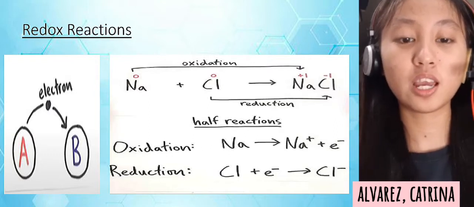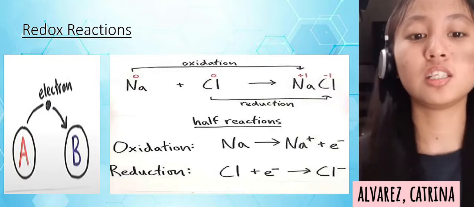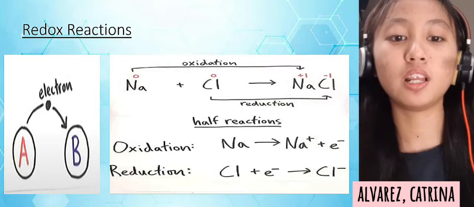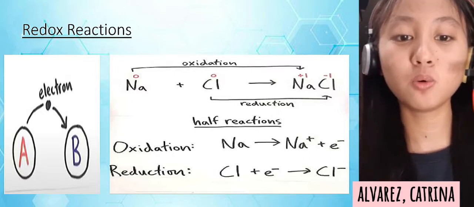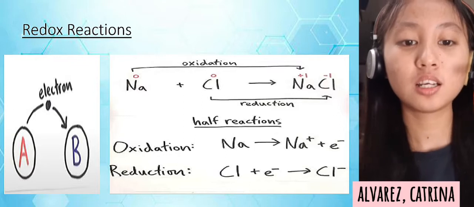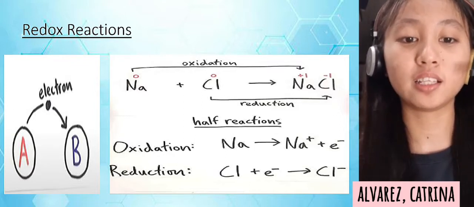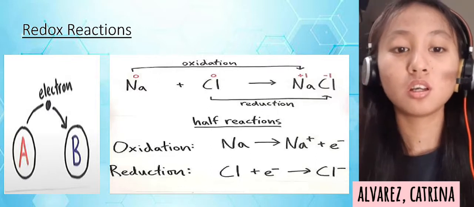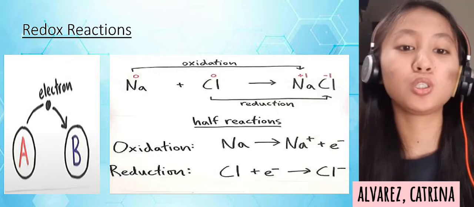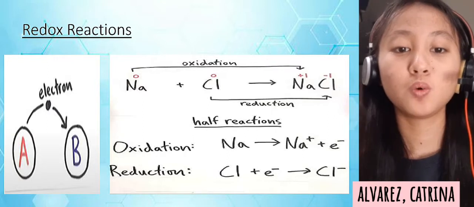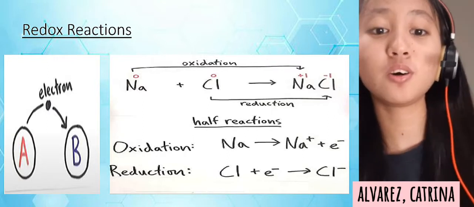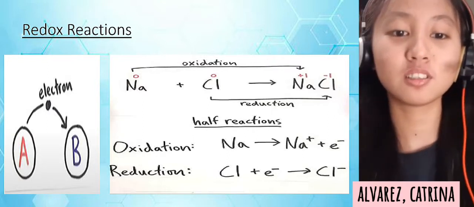That's because Na, its electron is being spit out, while in reduction, chlorine or Cl is gaining an electron. That is why its equation is like that. Whole equation: Na plus Cl, or sodium plus chlorine, we get sodium chloride or table salt. That is all for the oxidation reduction reaction or redox reaction.